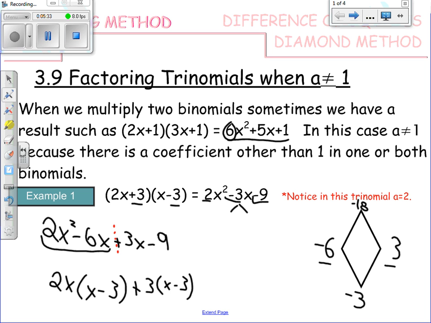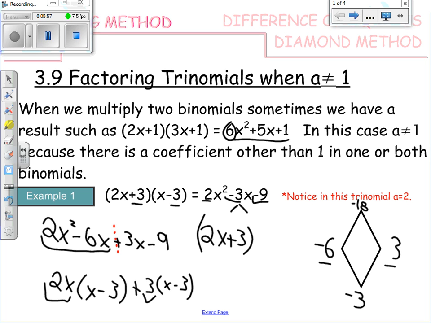Now we're almost there. What do we have to do now? We bring down the 2. This is one part of your bracket, right? This is the other part of your bracket. So you got 2x plus 3 times x minus 3.